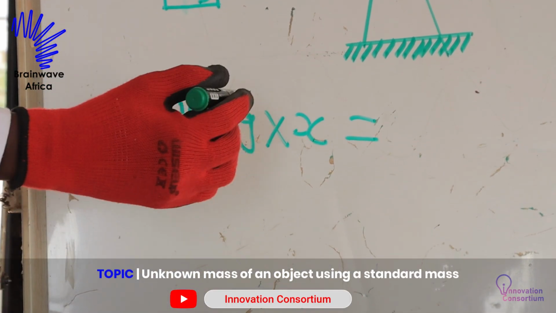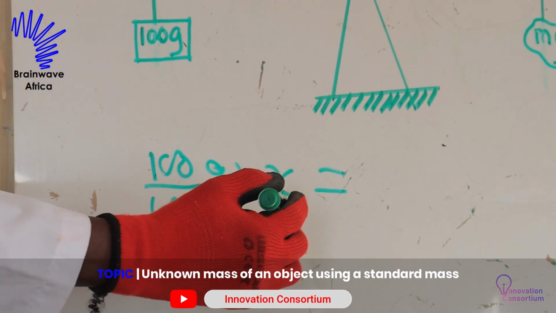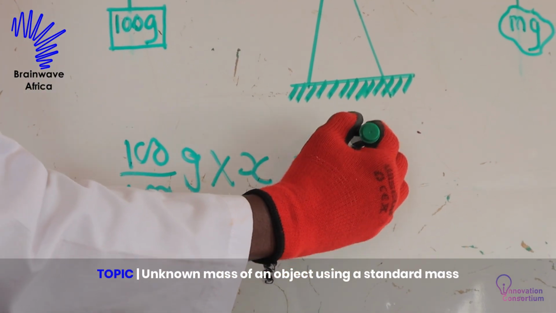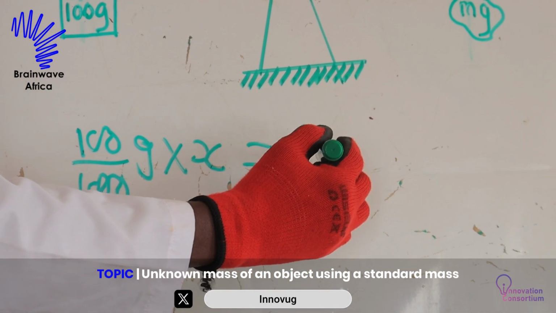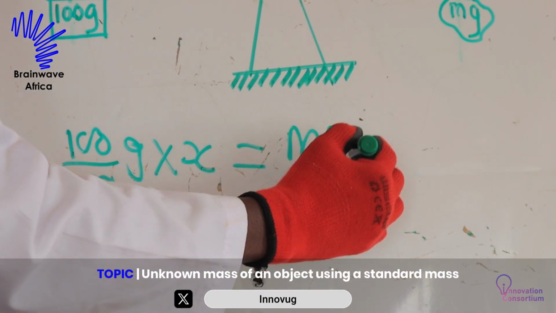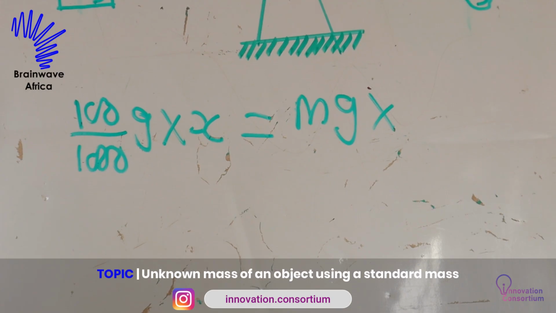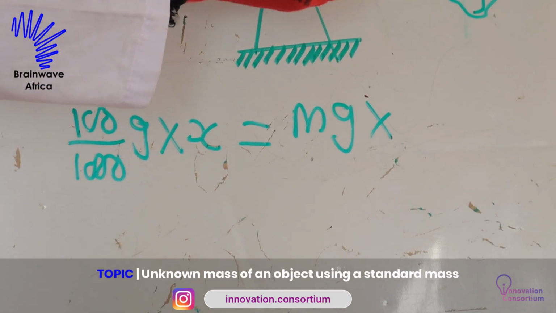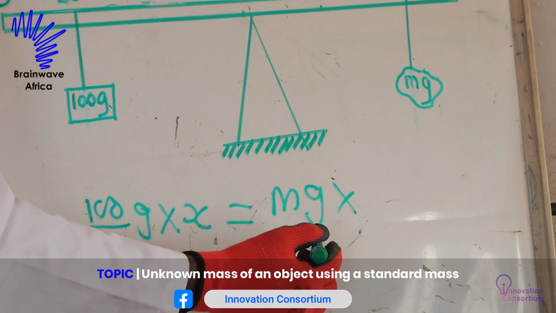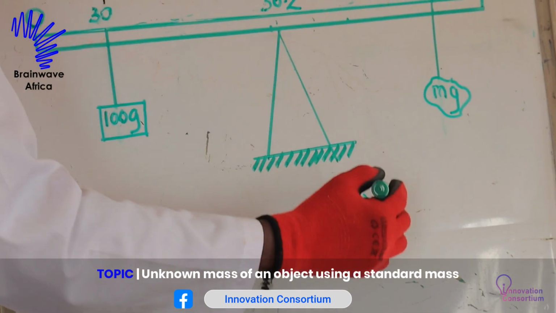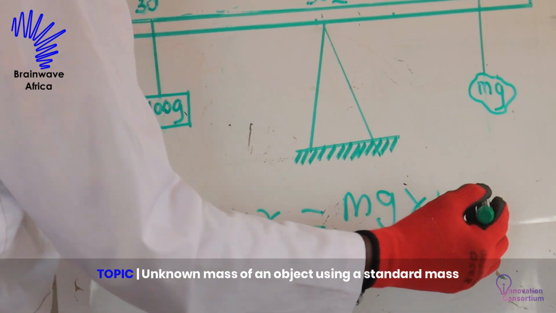This should equal, on the other side, m times g, where m is the mass in kilograms of the stone, times the perpendicular distance, which is y.